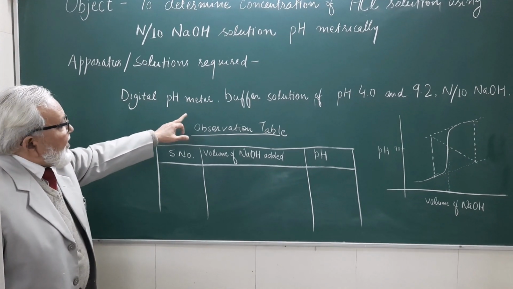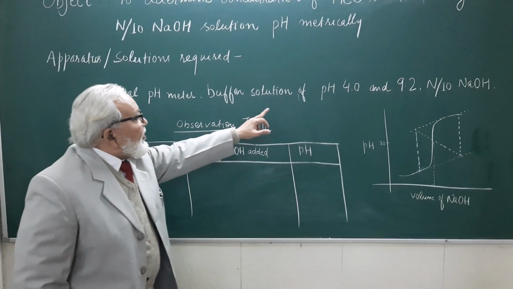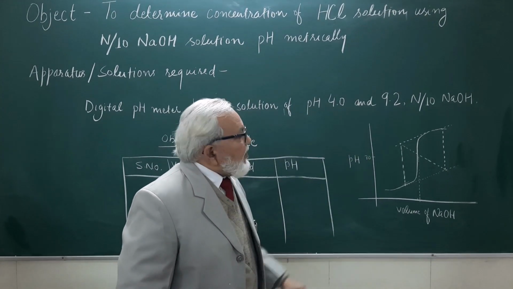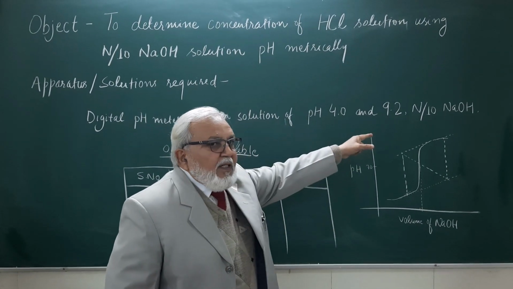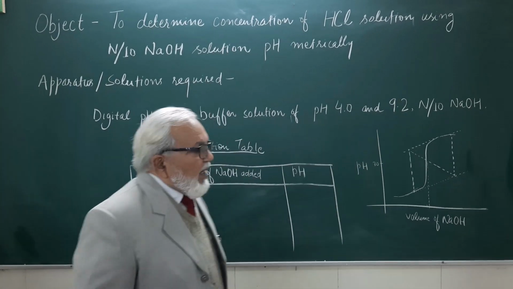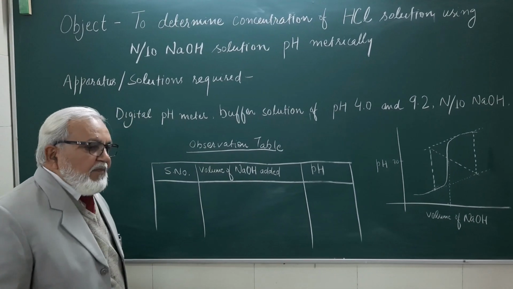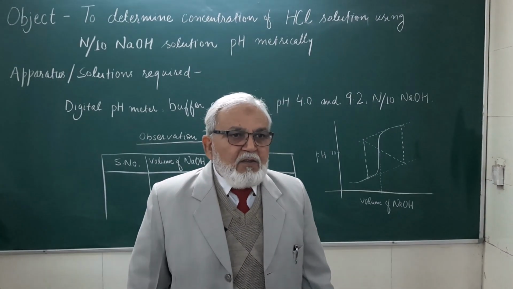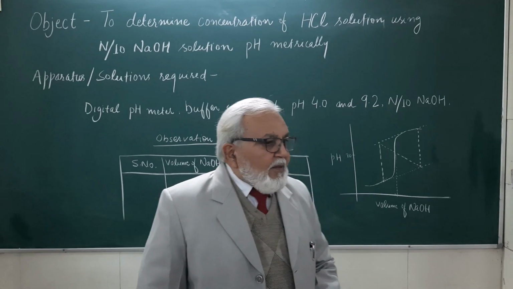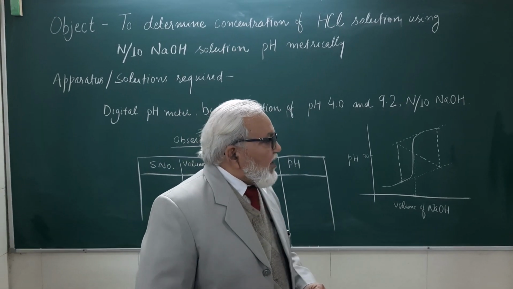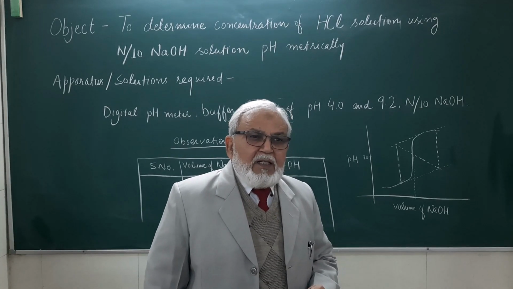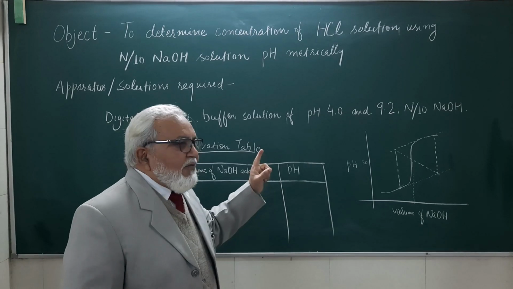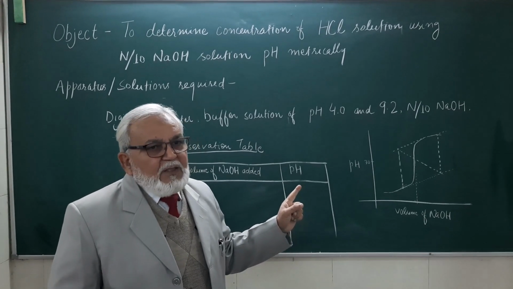Digital pH meter, buffer solutions of pH 4 and 9.2, N/10 NaOH as titrant. As we have discussed in theory classes also, without using an indicator, only by determining the pH of the solution in acid-base titrations, we can find out the equivalence point.